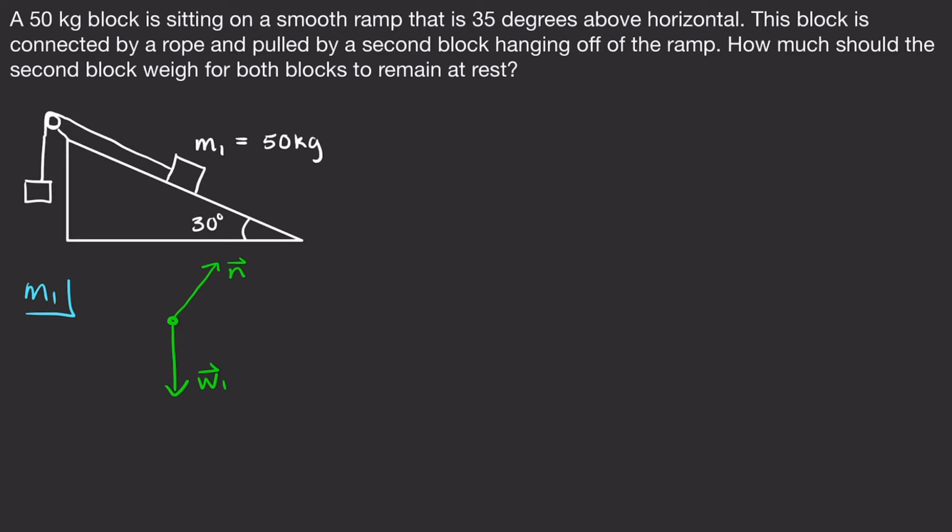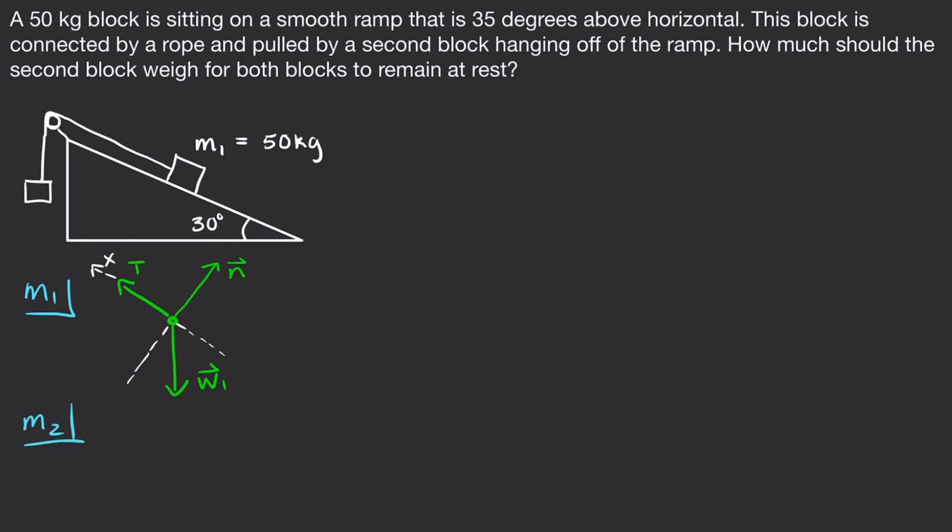And the tension in this rope is always going to pull away from the object, or up the ramp. Okay, so now I'm going to add my x and y axes. And I'm actually going to put the x-axis going up the ramp since the first block is going to be pulled by the second block.